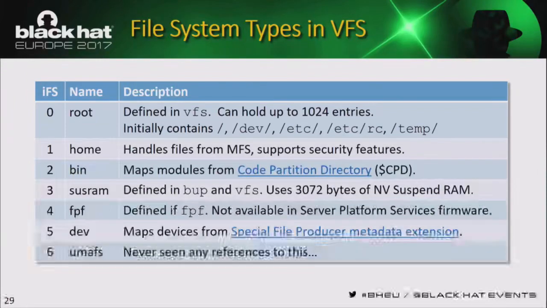The dev folder, like in Linux, holds all special files that could be used by different processes, and my presentation from Troopers describes where to find the names of those files. And there is a funny UMA-FS. UMA is Unified Memory Architecture, and there is a name but no references to that file system. Probably it's just an experiment from Intel.